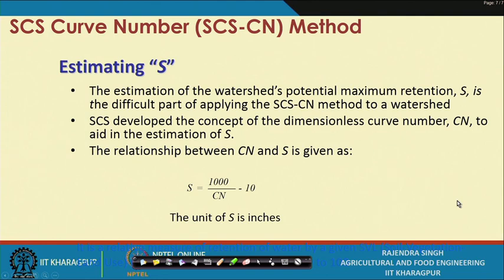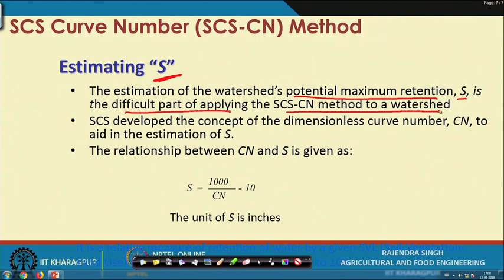Now, the most important thing is estimating S, because it is a single parameter model. Obviously our focus will be on estimating S, because if you can estimate S properly, then knowing the precipitation we can find out what the runoff is. Estimation of the watershed's potential maximum retention S is the difficult part of applying the SCS curve number method to a watershed, because it is very difficult really to know the potential maximum retention of a given area.